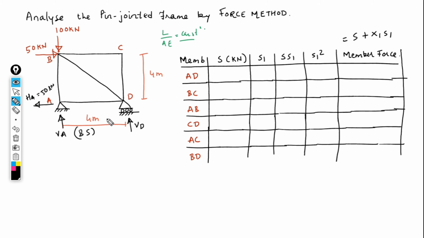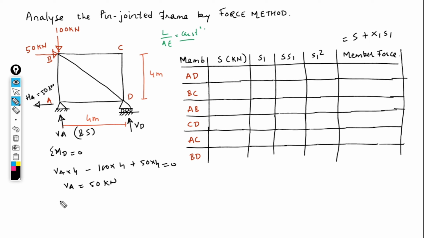To find Vd, I can take bending moment with respect to D and equate it to 0. So Va into 4 minus 100 into 4 plus 50 into 4 equal to 0. When you calculate it, Va will be equal to 50 kilonewton.